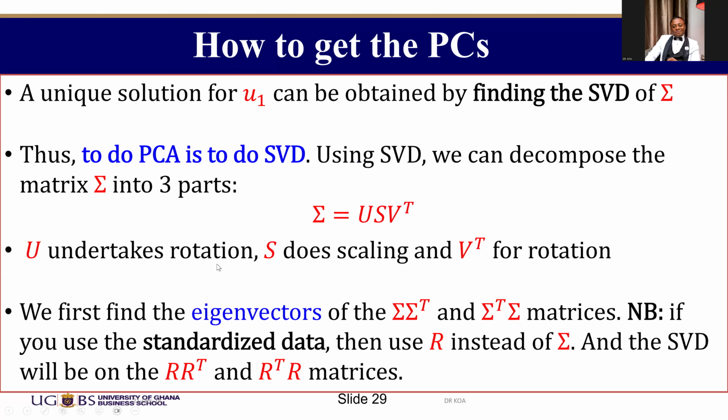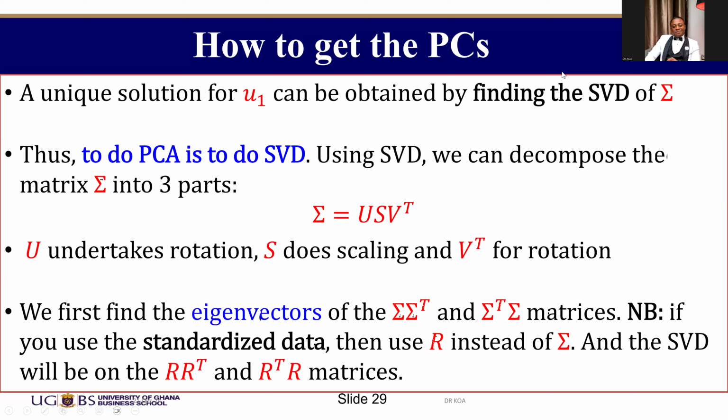So we're going to use this SVD to do our work. When you use it in principal component analysis, you get the weights, which are the importance attached to each variable before you combine them. The U's are obtained by finding the singular value decomposition of the sigma.